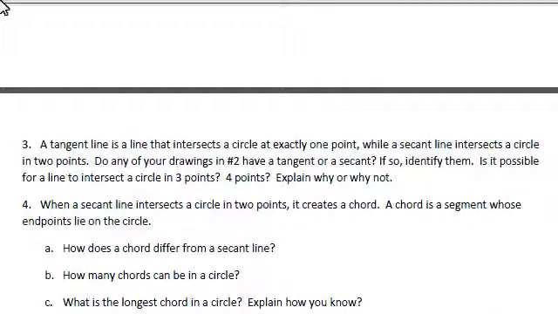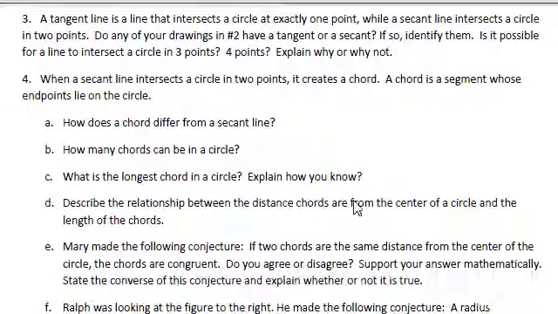As you scroll down to number 3, they're asking you to more or less compare and contrast tangent and secant lines. Tangent lines are important because tangent lines create 90-degree angles and only touch a circle at one point. Well, I'm not going to give you what secant lines are. That's for you to do. Again, use those instructional resources.